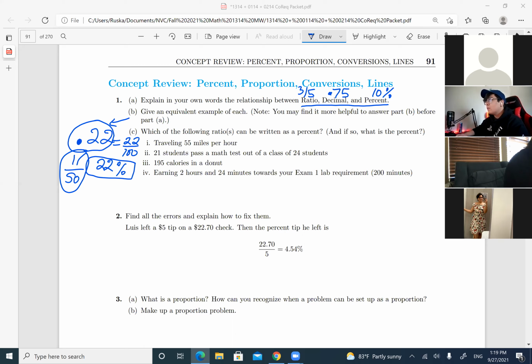Okay, the next question is, which of the following ratios can be written as a percent? So if you travel 55 miles per hour, can you write it as a percent?